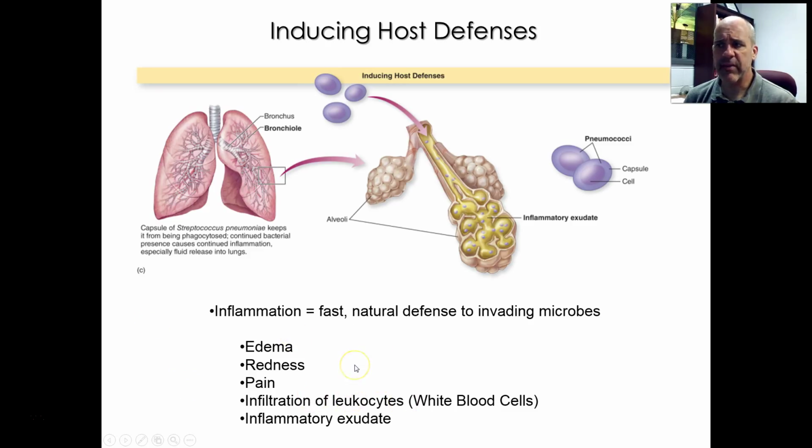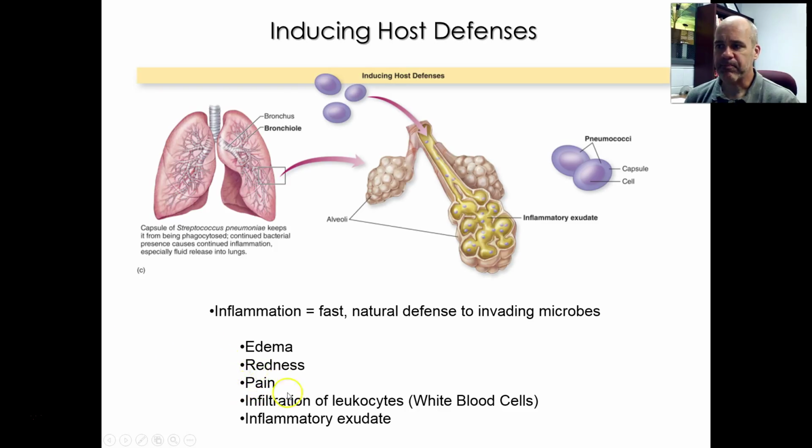And when you guys learn about inflammation, you learn that during inflammation, local blood vessels dilate, and that lets blood plasma, the liquid portion of the blood, escape into the surrounding tissues. That's where the edema comes from. The vasodilation is responsible for the redness near the surface because you've got more blood flow toward the surface and the blood looks red.